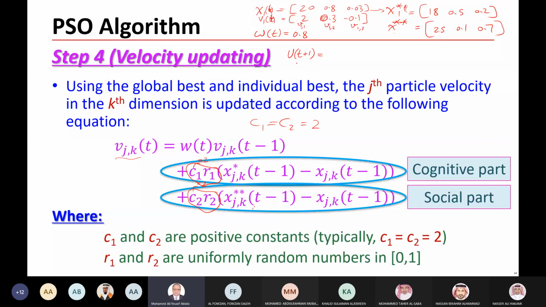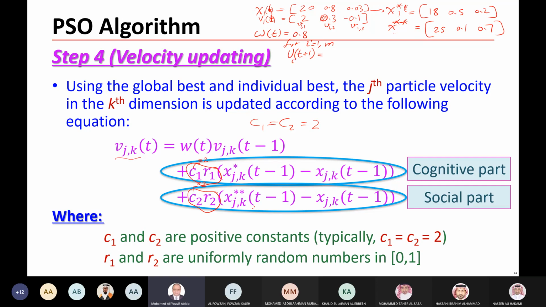This is equal to, of course, here you can do it by a for loop from 1 to the number of optimized parameters, m, right? You can do this, or you can do it in vector form. You can have this x as a vector, the xj 1, 2, 3, and we have here 1, 2, 3 also. And it's up to you. You can have it at each dimension.